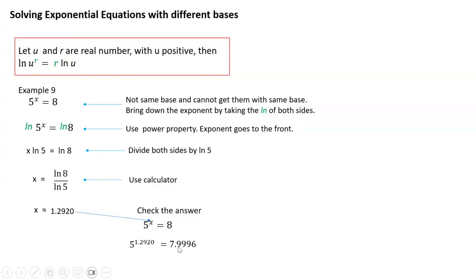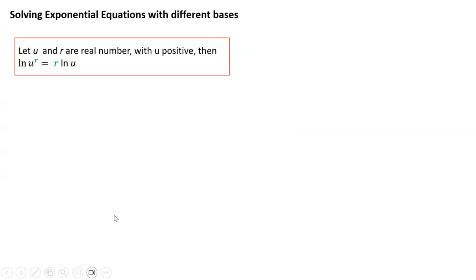You see, but this is very, very close to 8. That's why this is my correct answer. I believe we're using My Math Lab, so I think My Math Lab is going to require you to round off to 4 or 5 places. So follow the instructions of My Math Lab. My result is 1.2920.